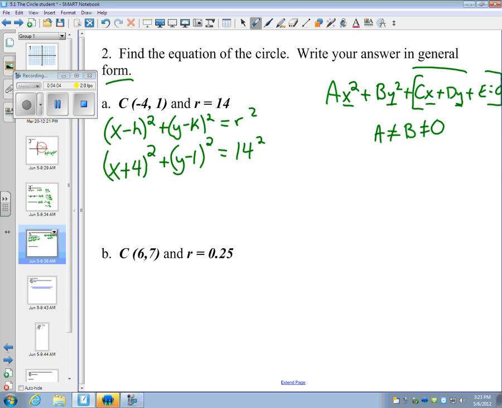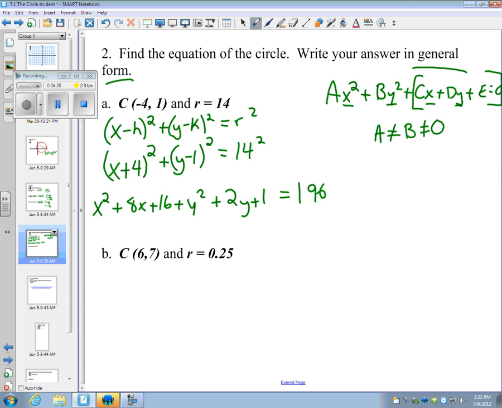Now we need to do some foiling and some combining of like terms. Here we get x squared plus 8x plus 16, and for this one we get y squared plus 2y plus 1, and 14 squared is 196.